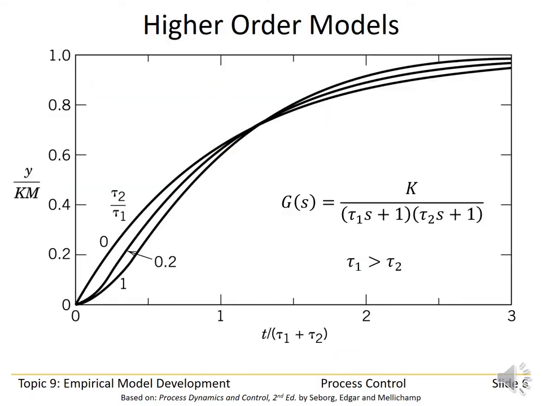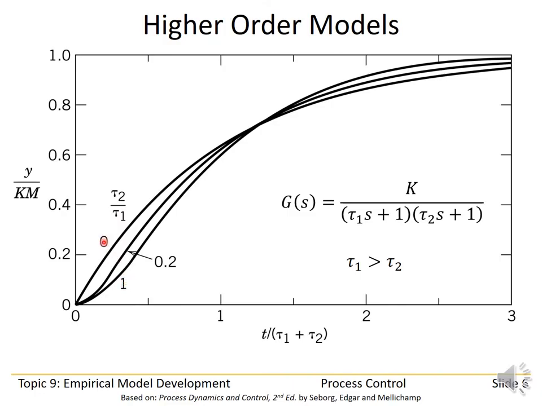You can get an idea of the difference between a first order plus time delay model and a second order plus time delay model by looking at this diagram, which shows the response of this second order process for different values of the ratio of tau2 over tau1. We'll assume without loss of generality that tau1 is greater than tau2, and so this ratio takes on values between 0 and 1.